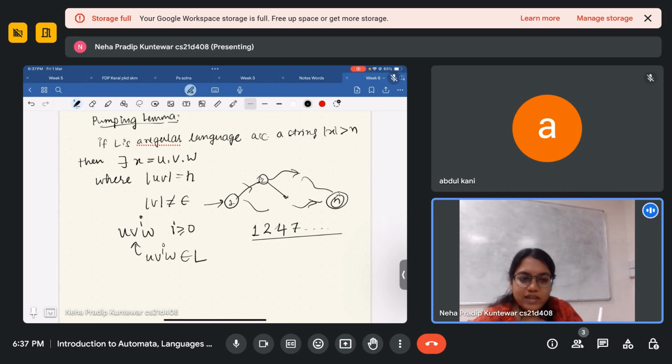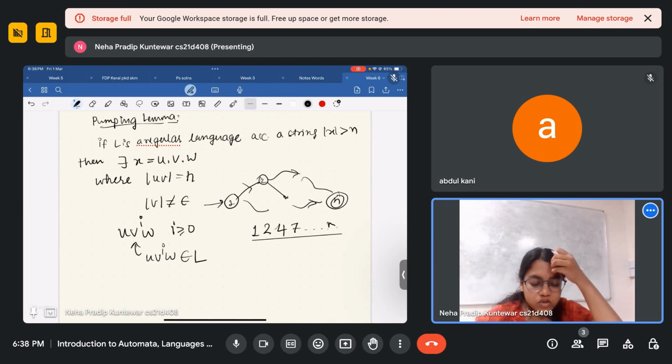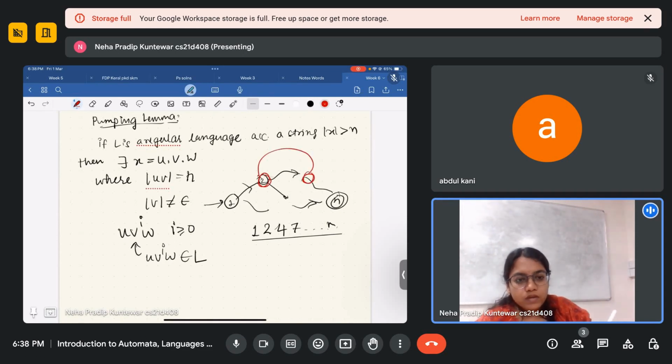So since there are only n states, your string can only have at most n length, or n minus 1 length, if you don't allow repetition. So if it does repeat a state, then it must be that it visits some state and there is a loop.